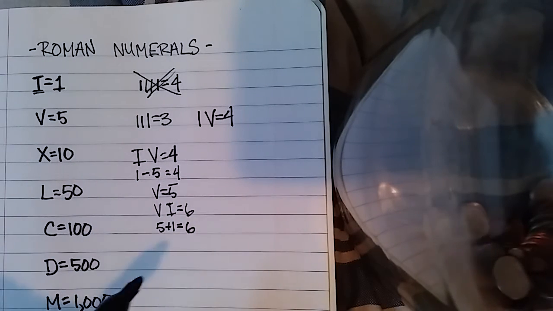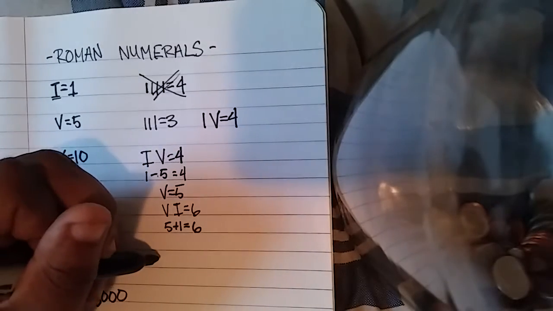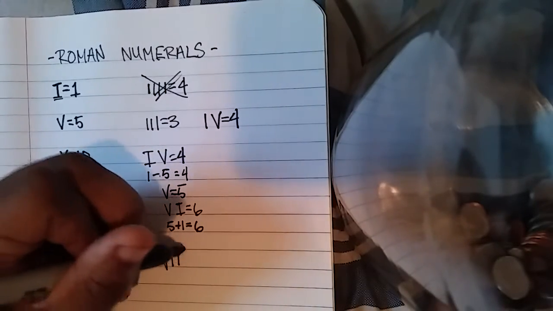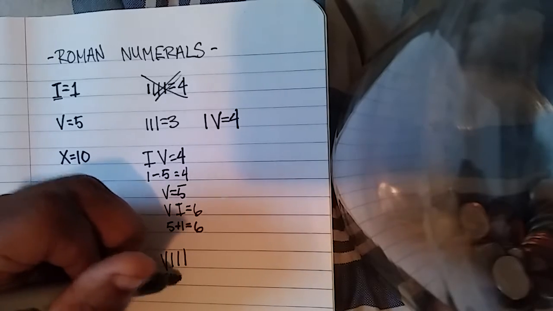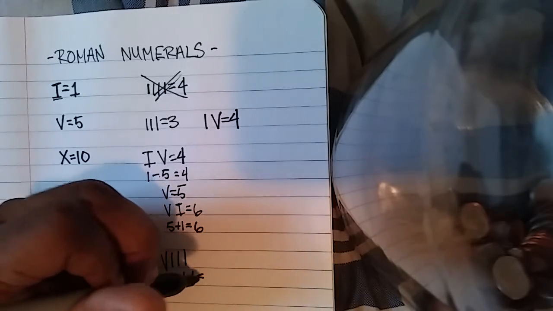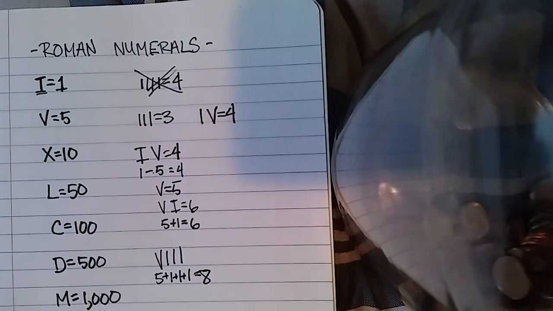Small number in front of large number, you subtract. So you can have VIII, and that's 5 plus 1 plus 1 plus 1, which equals 8.